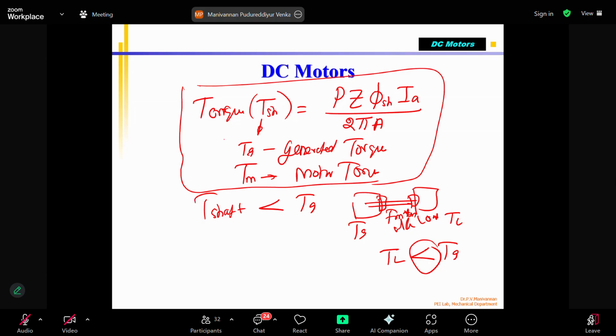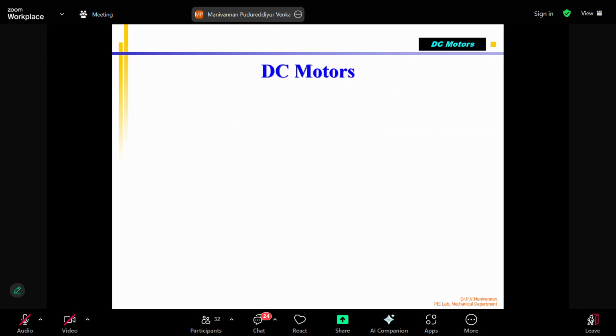So finally, before closing, I want to say how to derive the torque. We know that the motor input is electrical, electrical power is given as input and mechanical power comes out of the motor. This is my motor. I say P mech and P electrical.